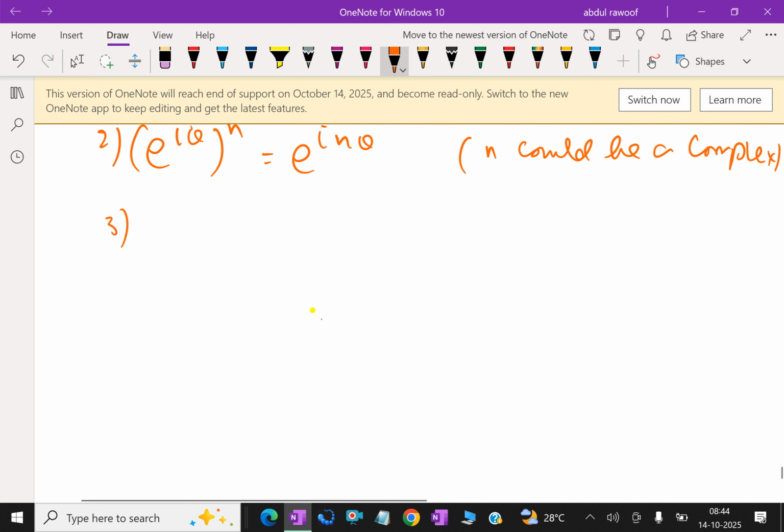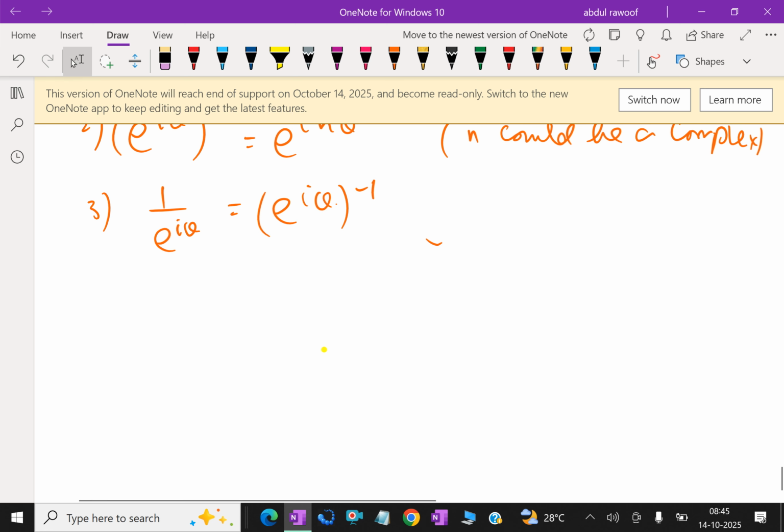Third, 1 over e power i theta equal e power i theta all power minus 1, because it's a reciprocal, which is equal e power minus i theta.